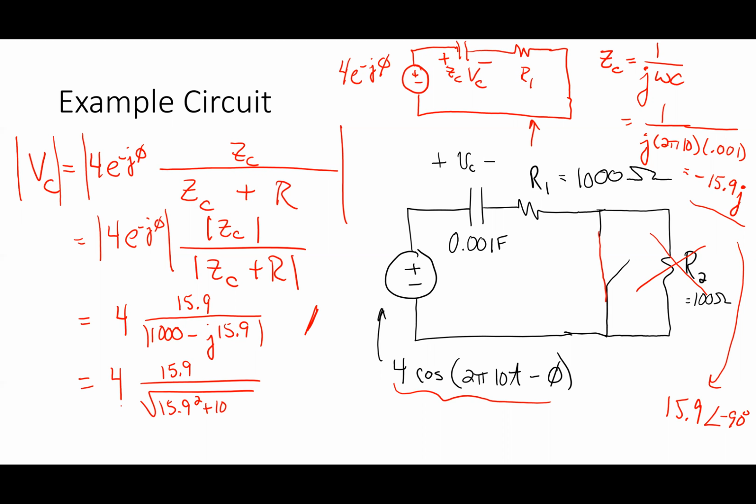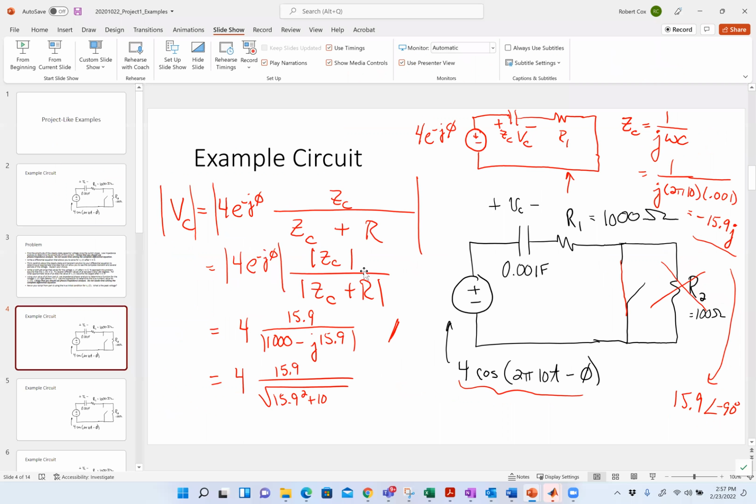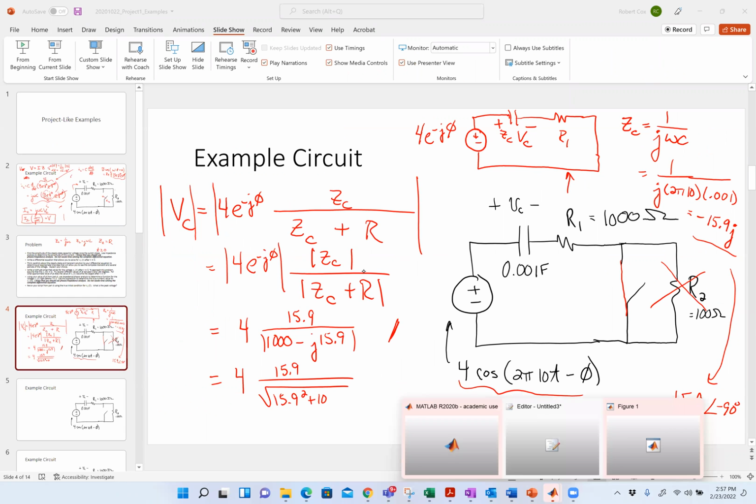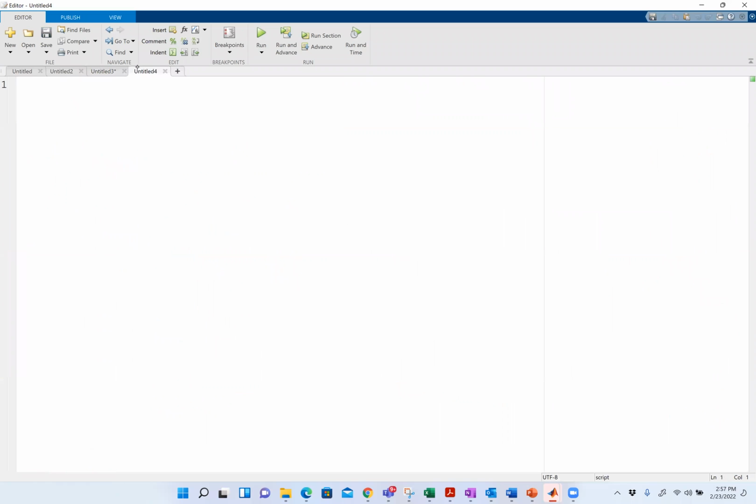If I had to calculate that, I would go to MATLAB and enter 4 times the absolute value of negative j times 15.9, divided by the absolute value of negative j times 15.9 plus 1,000.